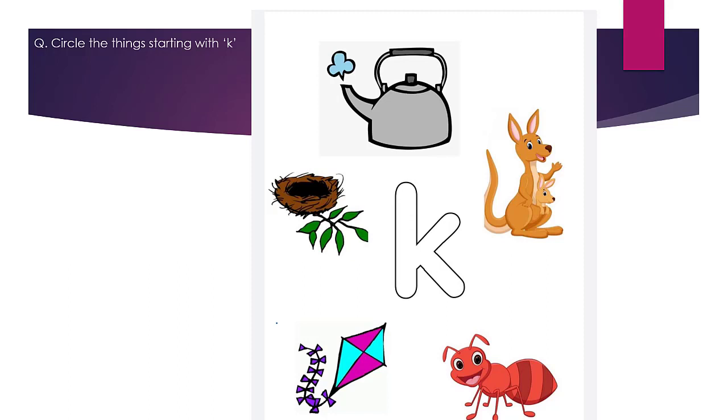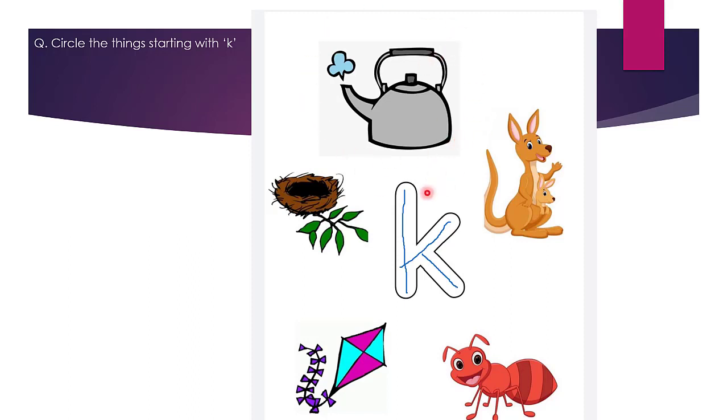First of all, we will trace inside k like this. And now we have to circle the things starting with k.